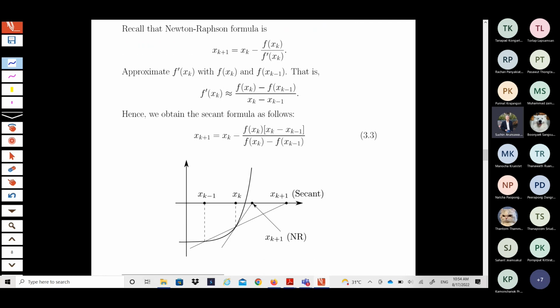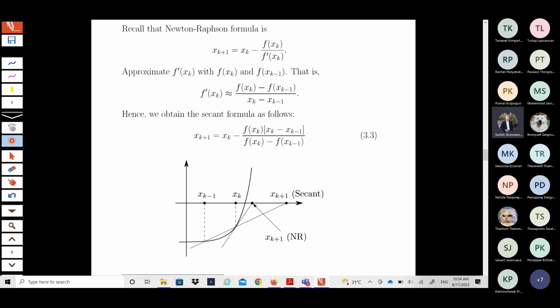So we approximate f prime of xk by f of xk minus f of xk minus 1, divided by xk minus xk minus 1. You see that this assumption is true, or reasonably true, when xk and xk minus 1 are not far away.